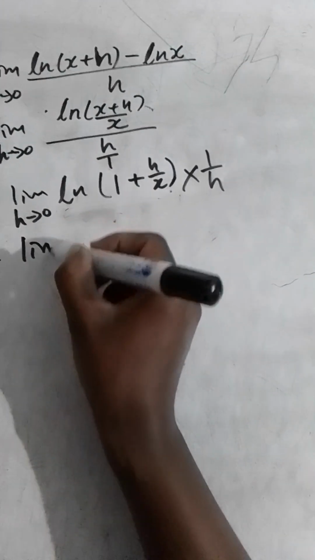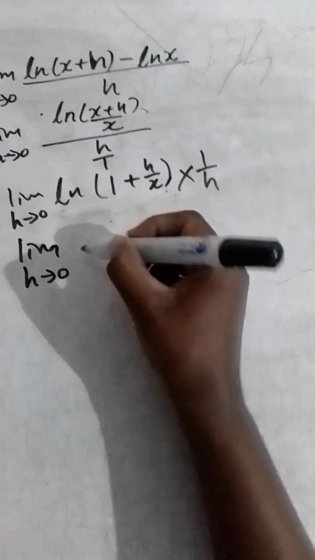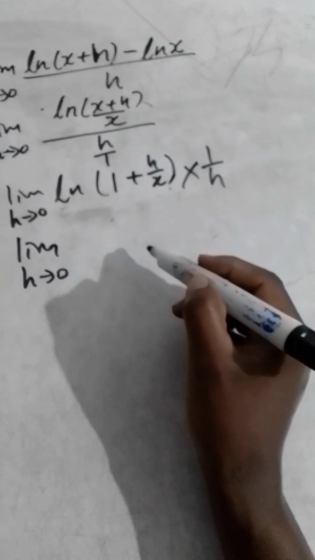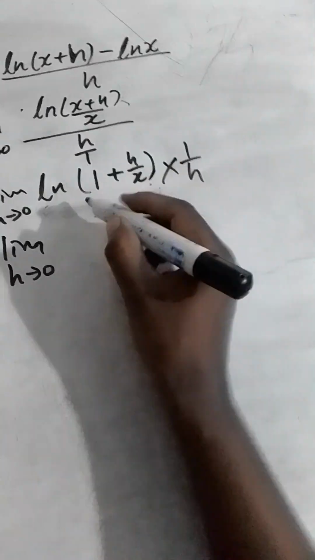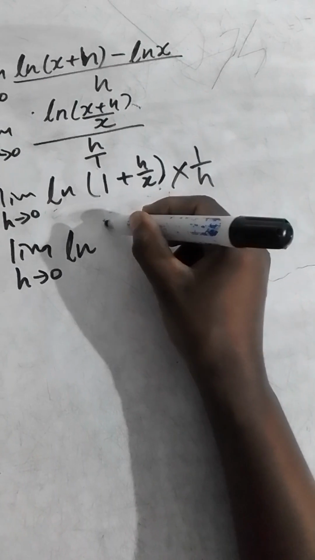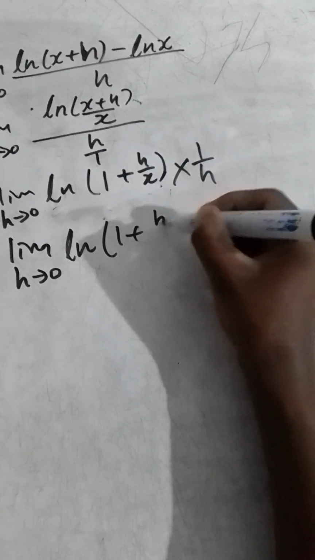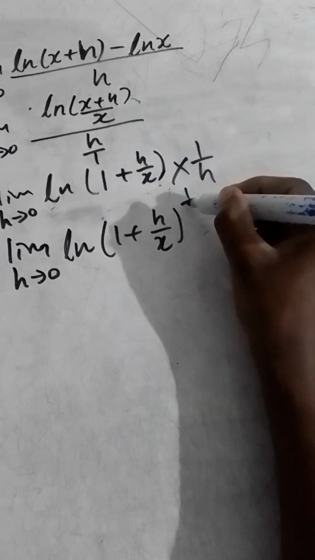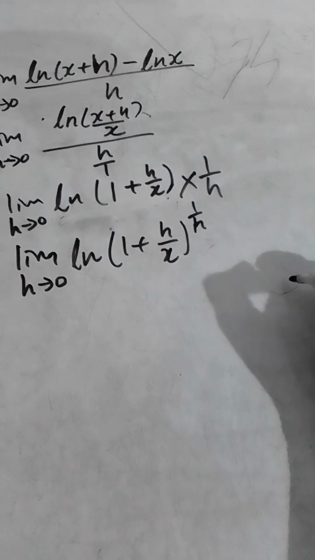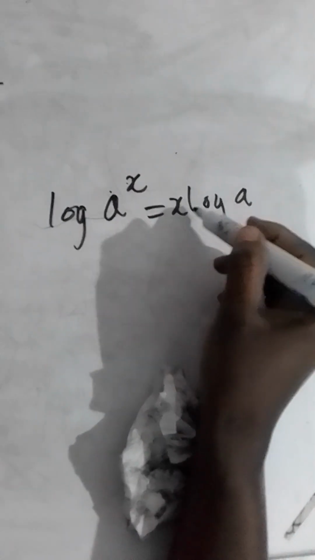Now, when we do this, this is a logarithm. So multiplying the logarithm is the same as taking 1 plus h over x to the exponent 1 over h. The reason is that log of a to the exponent x is the same as x log of a, if you remember the log laws.